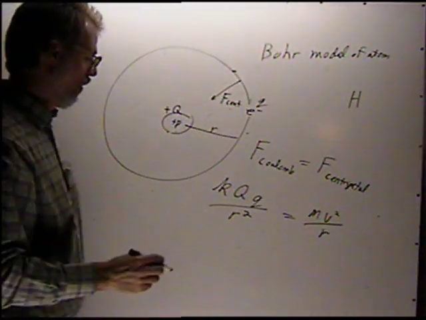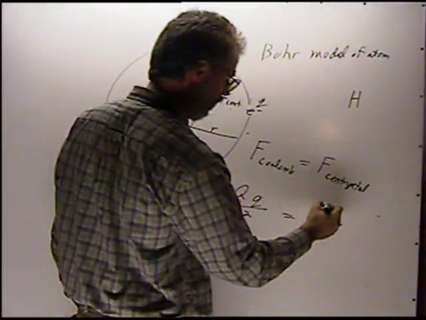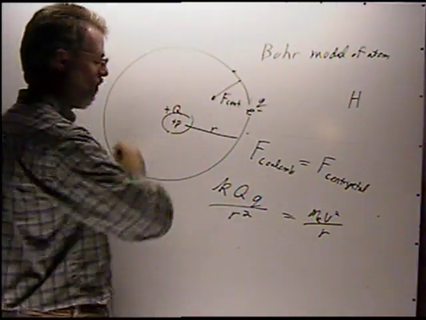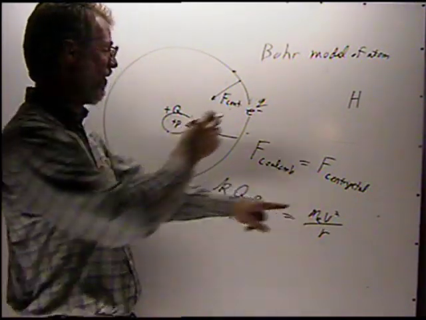What is this a mass of? This is the electron mass. We're talking about the electron spinning around, so the mass here is the electron mass.